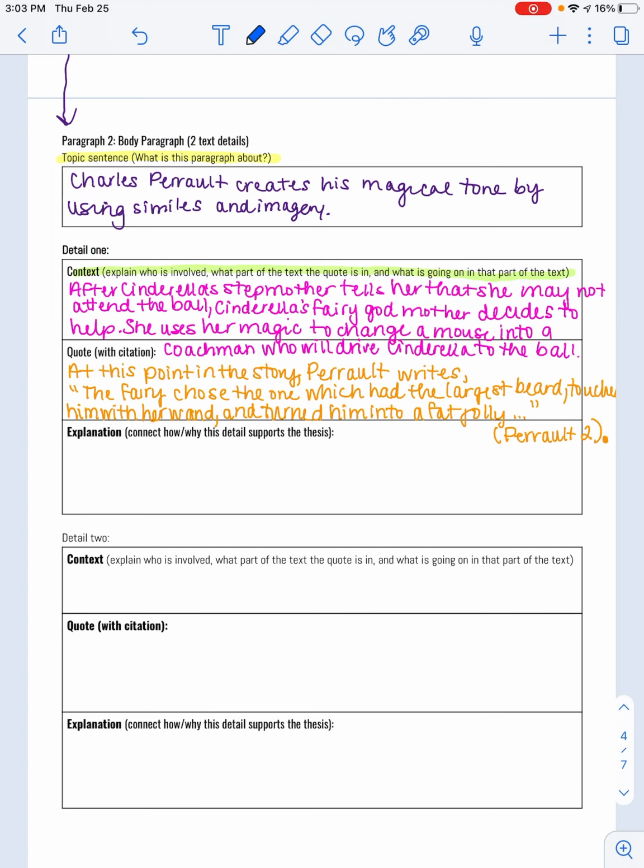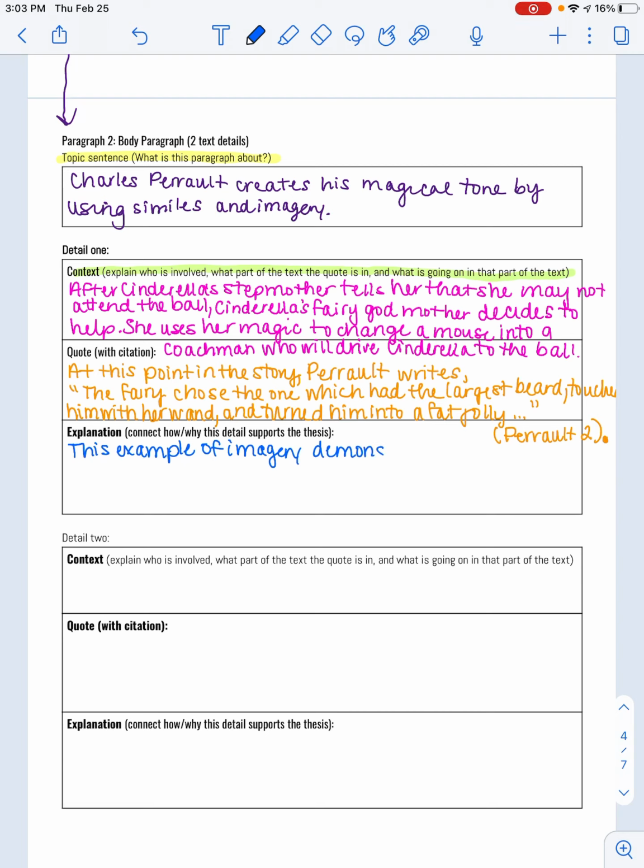So remember what we need to do in our explanation. I really want you to focus on saying what your element of figurative language is, and then I need you to use that because. Using the word because is going to force you to explain. So I'm going to say this example of imagery. There's my figurative language.